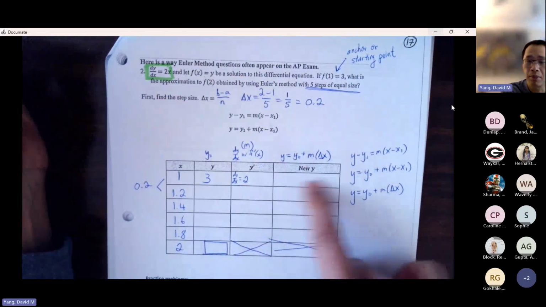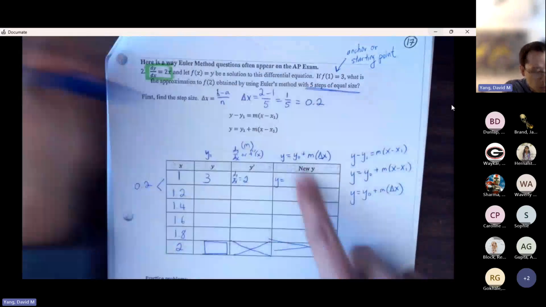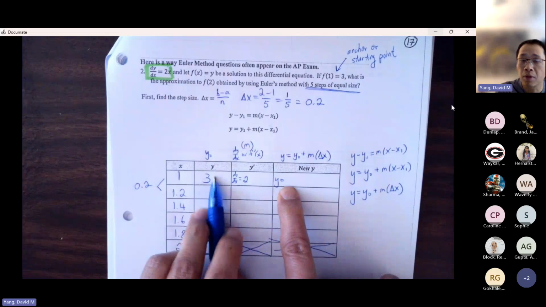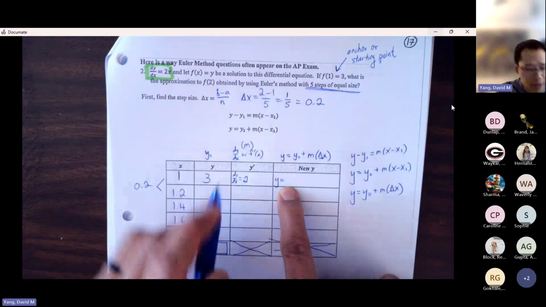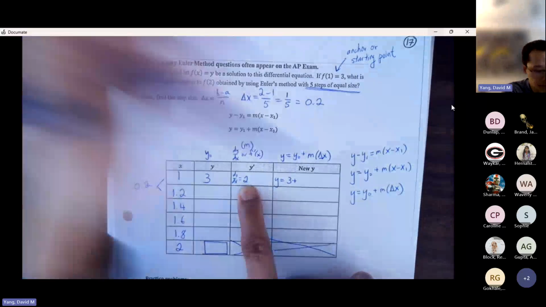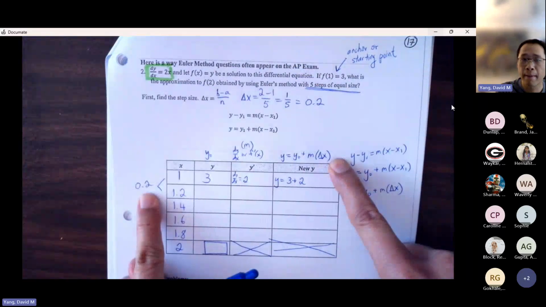And now we can find our new y value. So y is equal to y sub 0. That's just going to be the current y value that we're on, which is 3, plus m, that's our slope, times delta x, that's our step size.